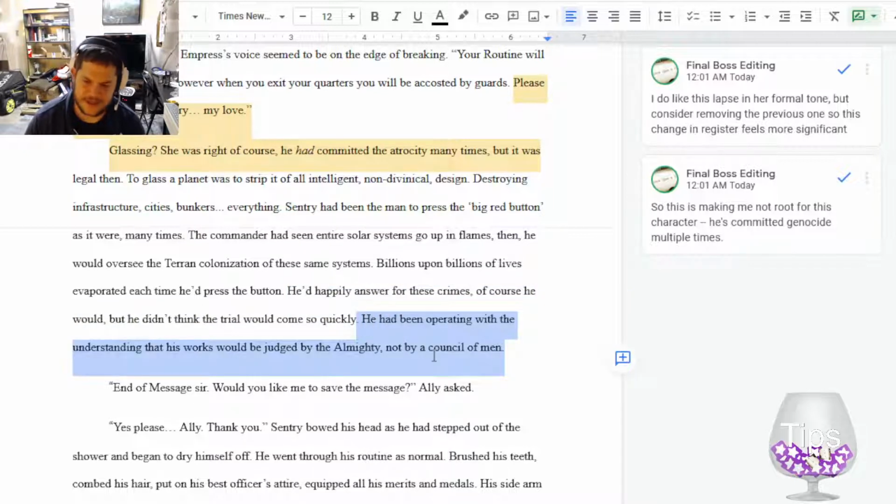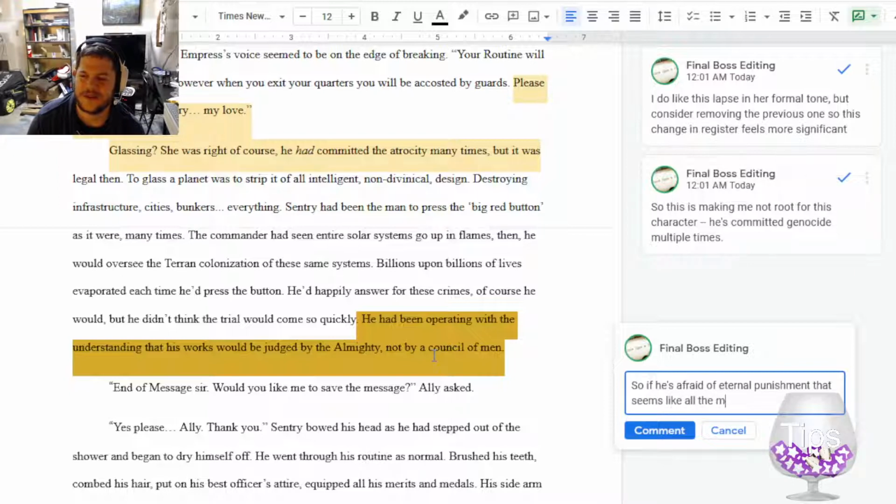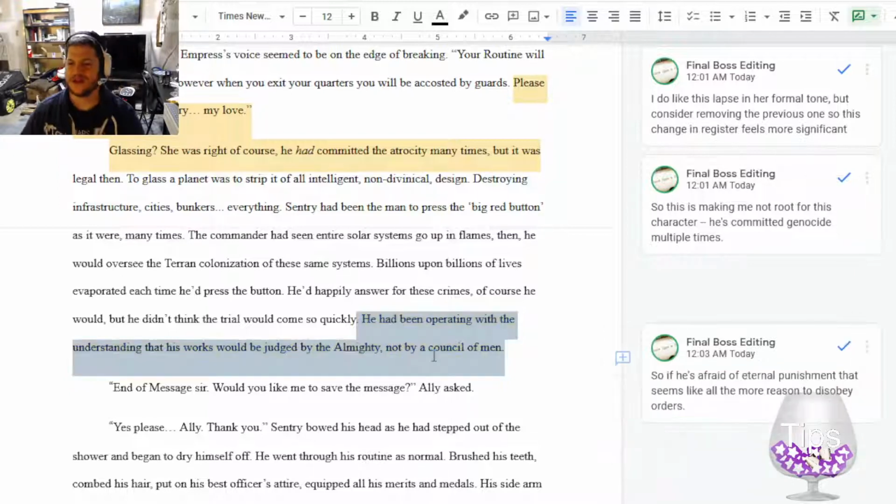So then why did he still do it? He's afraid of eternal punishment. That seems like all the more reason to disobey. Yeah, this makes me like him even less.